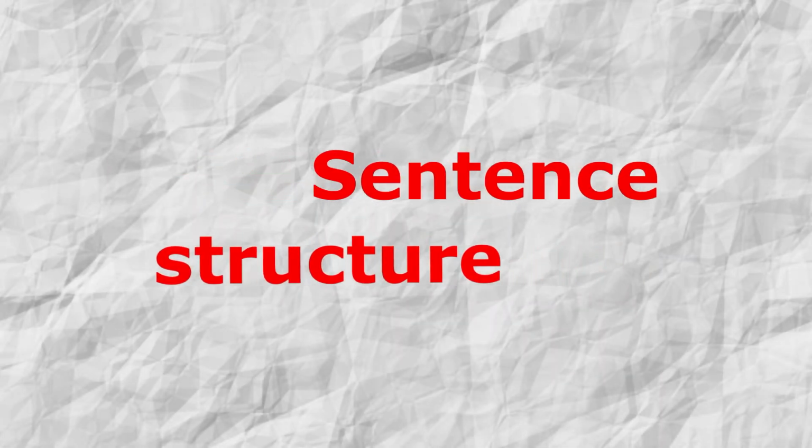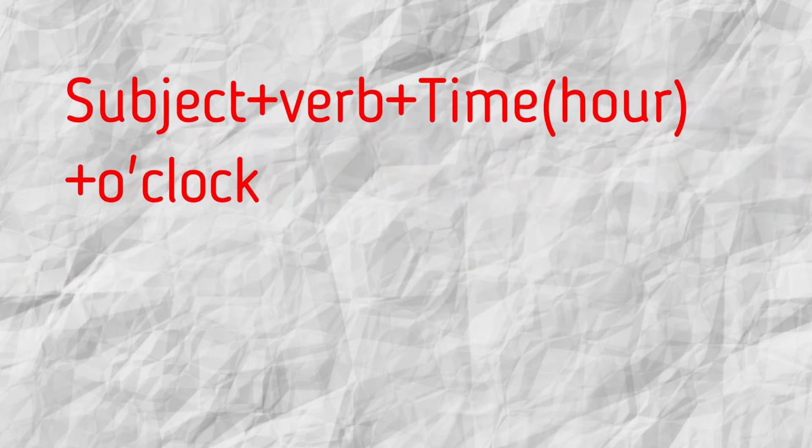Sentence structure. First type of sentence: subject plus verb plus the time, which here is hours, plus o'clock. Why? Yes, good job.